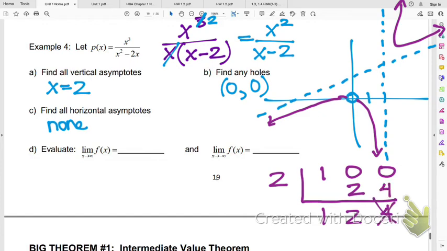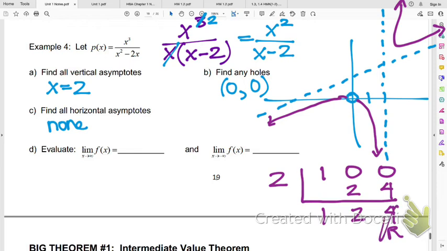Remember this one, the remainder never mattered, and this was the equation of our slant asymptote. It was the line x plus 2. If you remember synthetic division, you bring down the 1, you multiply it by the 2, you put the 2 up under here, you add, you get 2, you multiply and get 4, and add down and get 4.